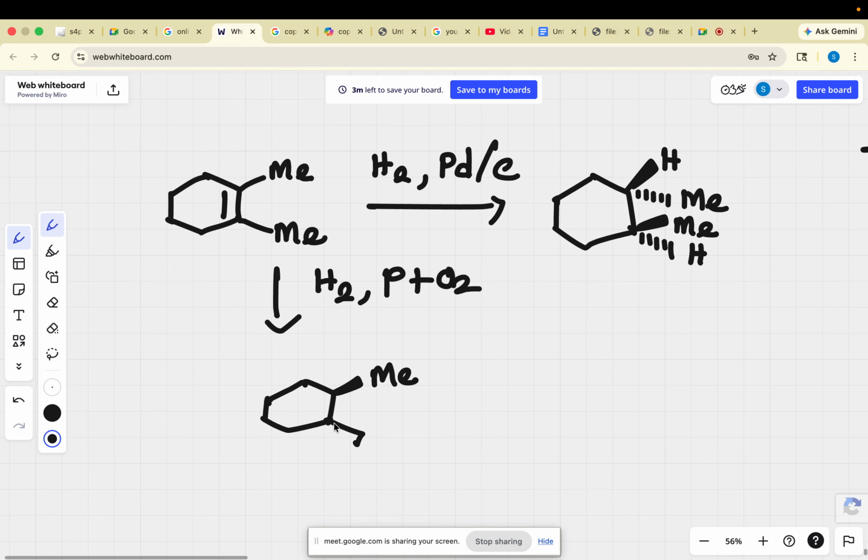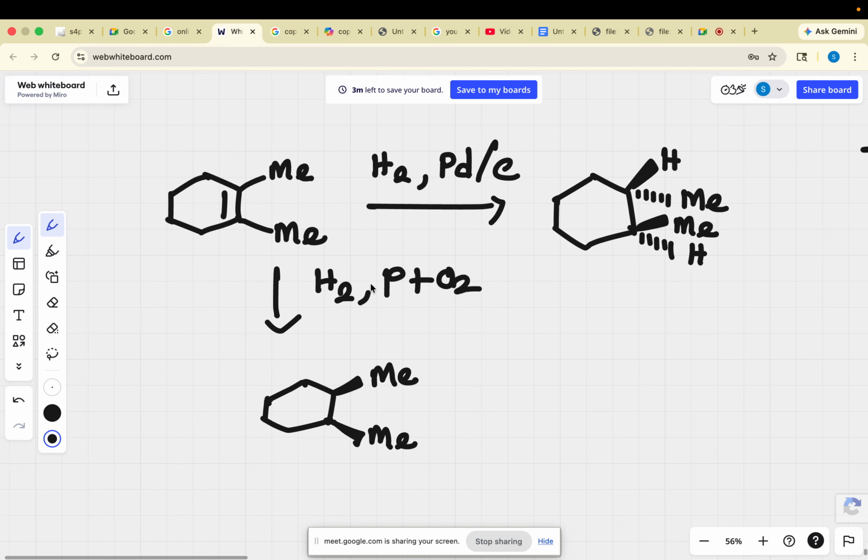The statement you wrote was: hydrogenation of substituted cyclic alkenes gives trans addition with palladium. It should be cyclic, and substituted means some alkyl group should be present there.